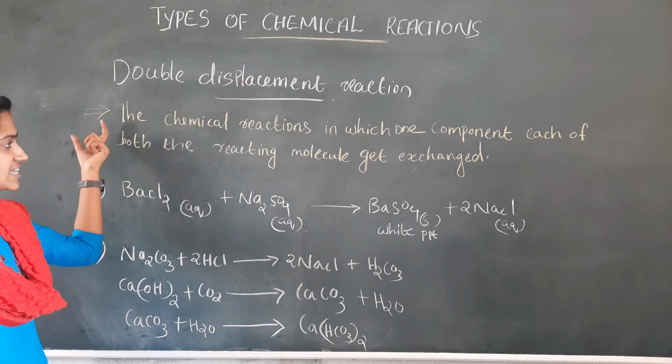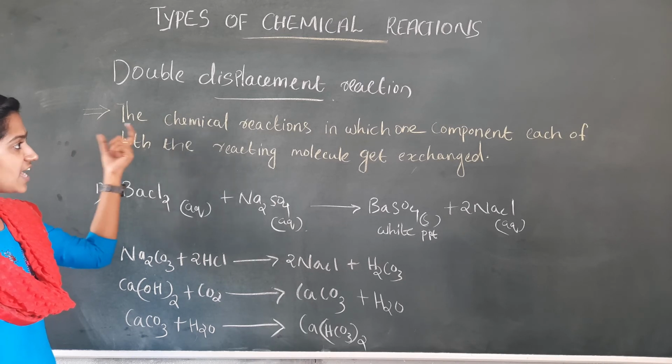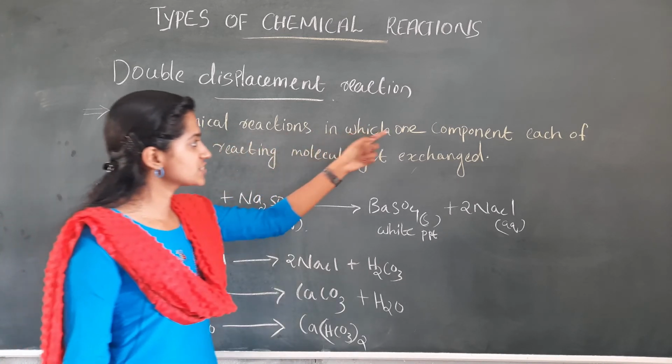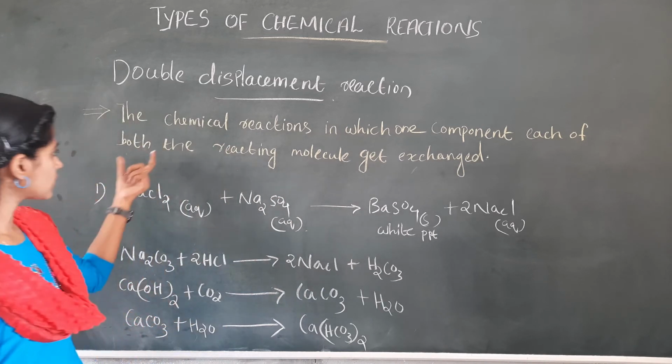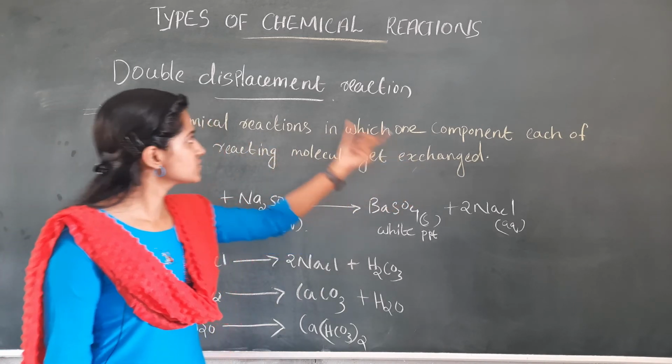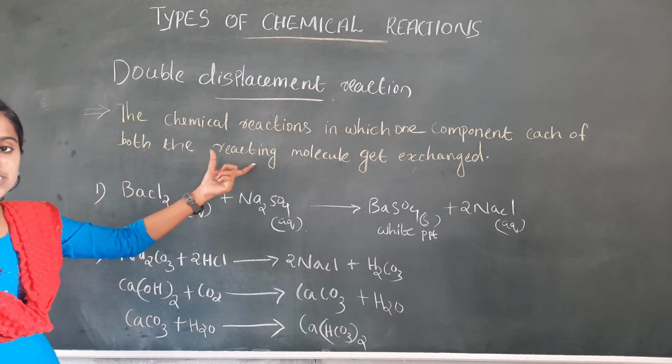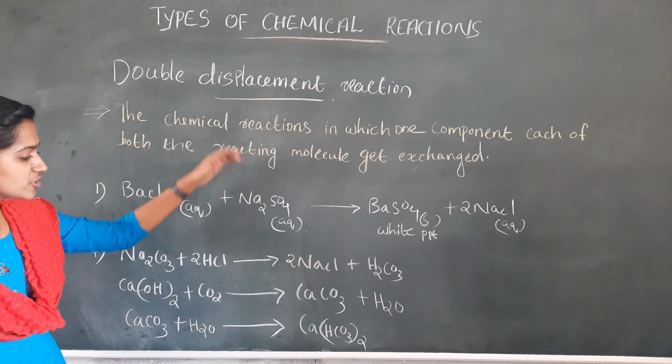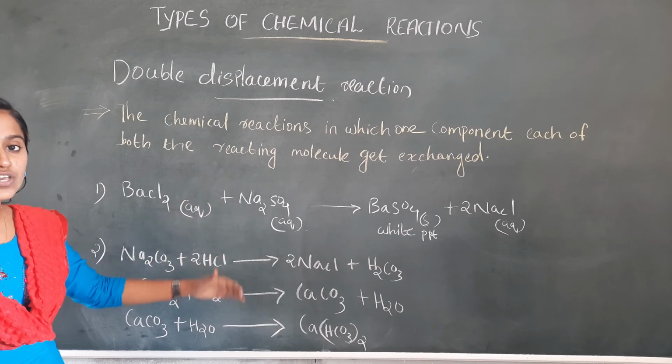By definition, double displacement reactions are chemical reactions in which one component each of both the reacting molecules gets exchanged. We can look at how a double displacement reaction takes place on the basis of the following example.